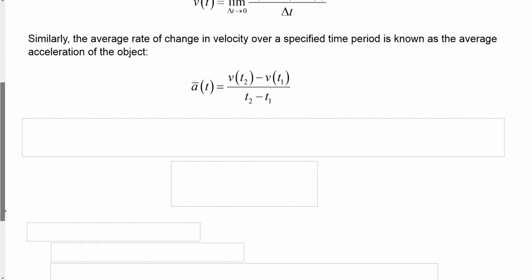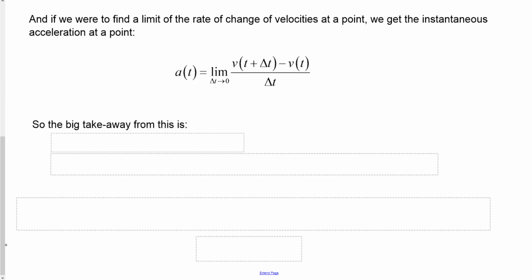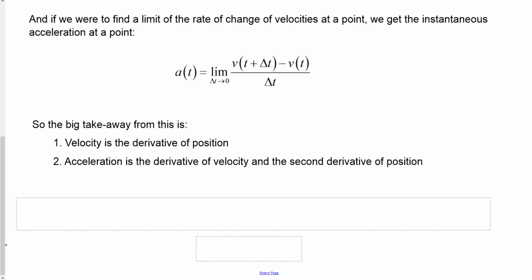But just as we did with velocity, if you allow t2 to get closer and closer to t1, so you allow these two values to approach each other and take a limit, then you're getting the average velocity at a point, which gives you the instantaneous acceleration. So the acceleration function is the first derivative of velocity. So their general relationship here is velocity is the first derivative of position, acceleration is the first derivative of velocity, and the second derivative of position.